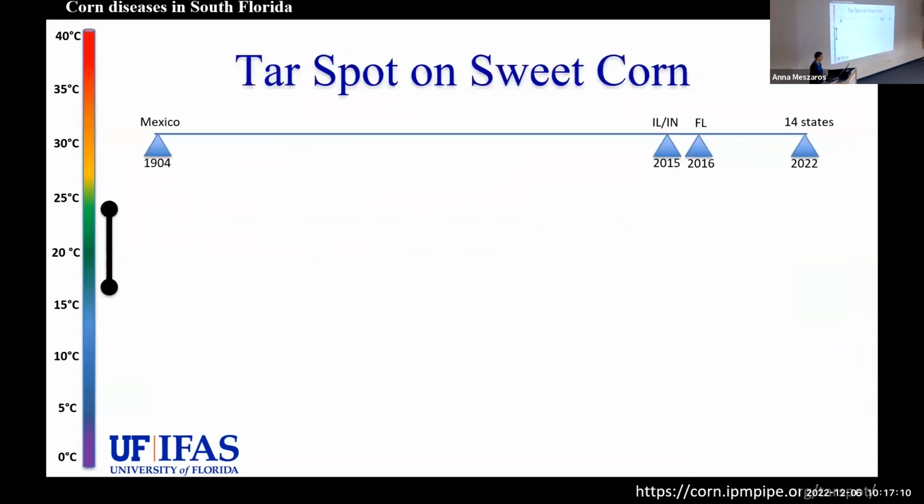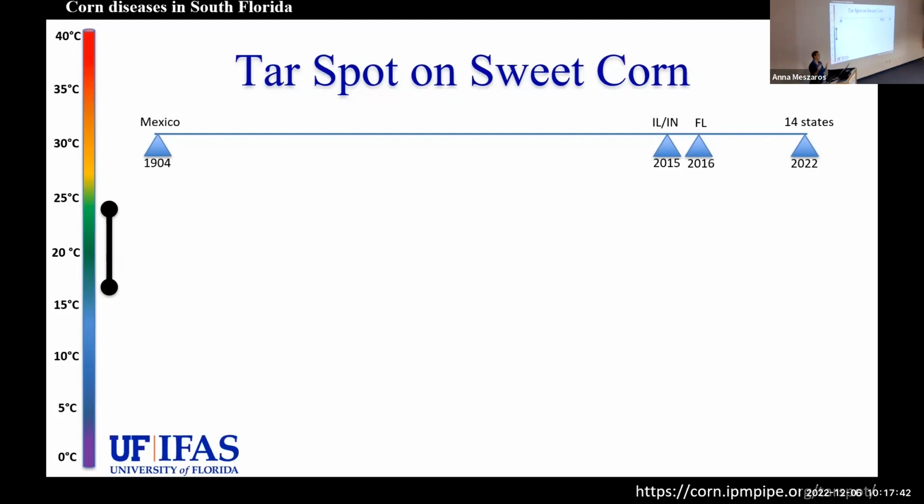Now, tar spot, it's an emergent disease in the United States. And to me, this disease is really interesting because it was first reported in Mexico in 1904. And then it was in Mexico, all happy there for 100 years, and never got here, right? And then suddenly they reported the disease in Illinois and Florida between 2015 and 2016, and boom, it just exploded.